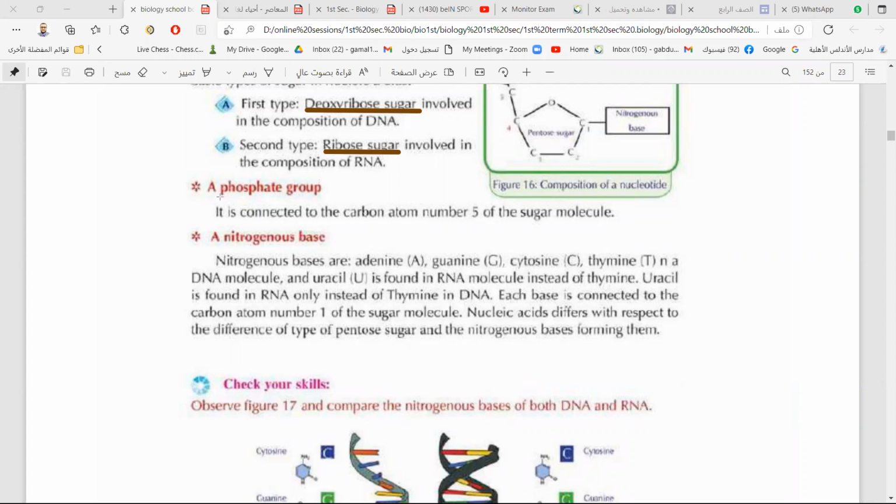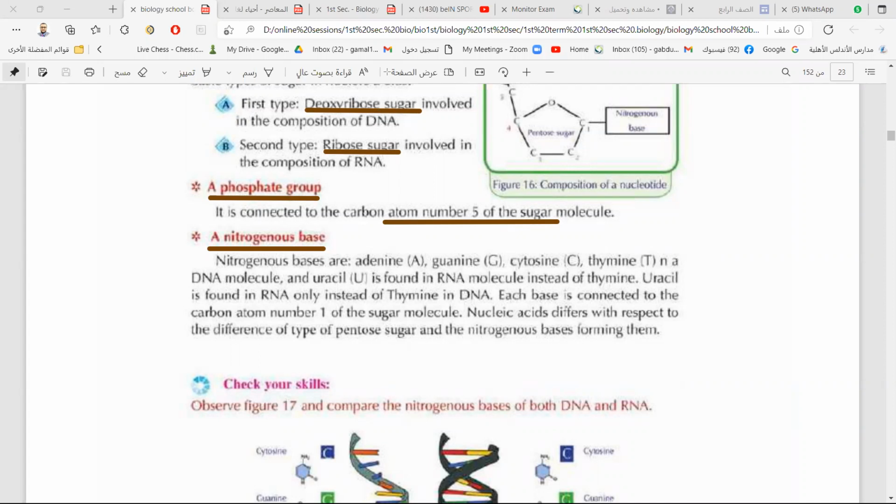So also we have the phosphate group. Number 2 structure, the phosphate group, joined to carbon atom number 5. And the nitrogenous base, we have 4 different nitrogenous bases.